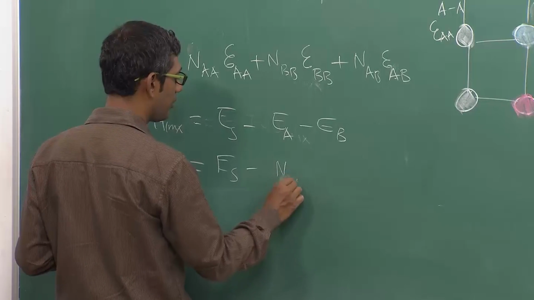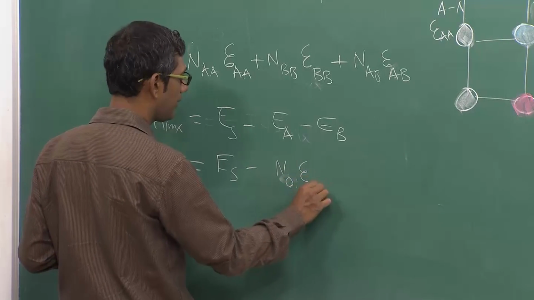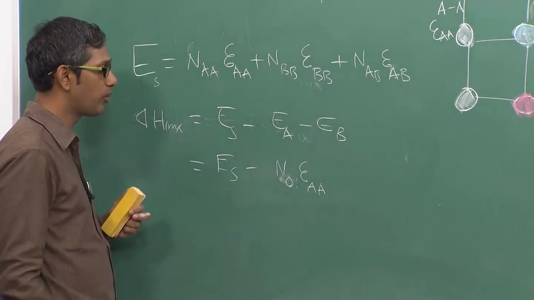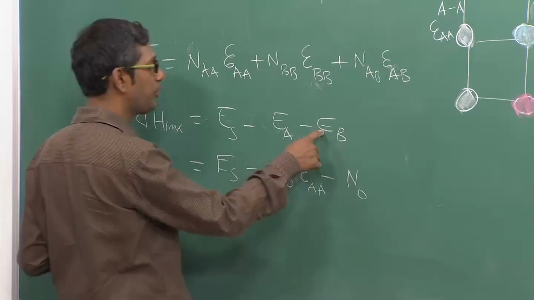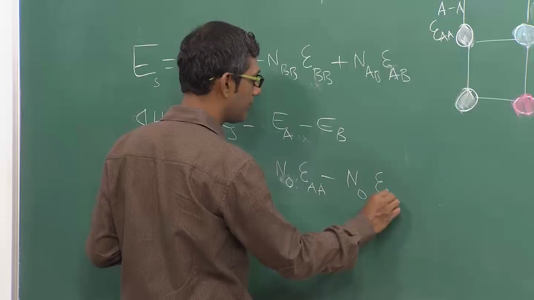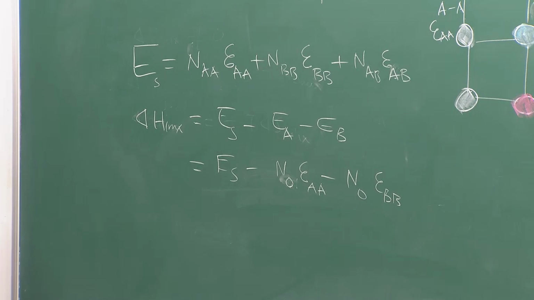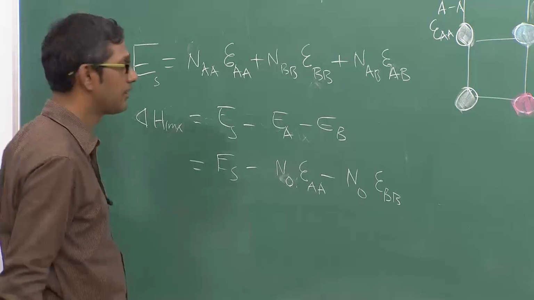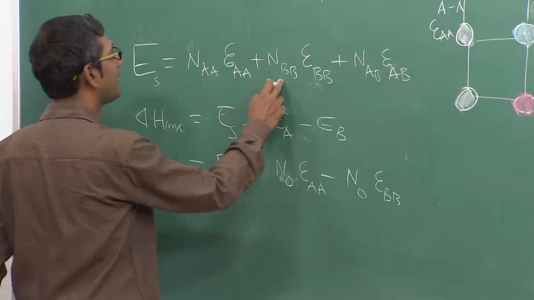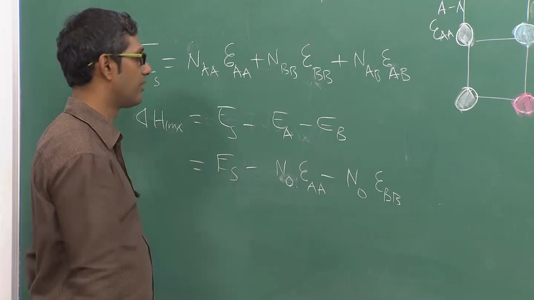Obviously, in 1 mole this will be equal to Avogadro number N0 multiplied by the bond energy of pure A, and Avogadro number of atoms in pure B multiplied by the bond energy of pure B. That is what you will get. So we have to find out the expression for NAA, NBB, NAB for the binary solutions.